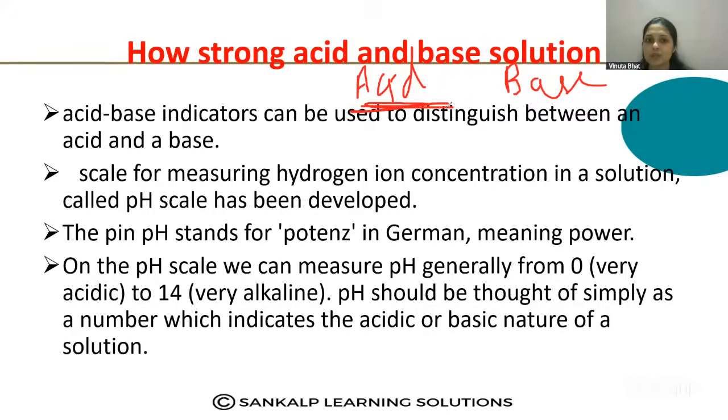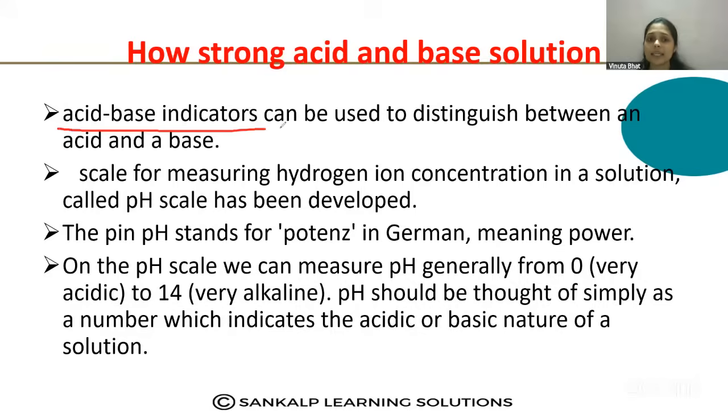How can we determine that this is a strong acid, this is a strong base? For example, concentrated HCl is a strong acid. Concentrated H2SO4 is a strong acid. So how do they say that?